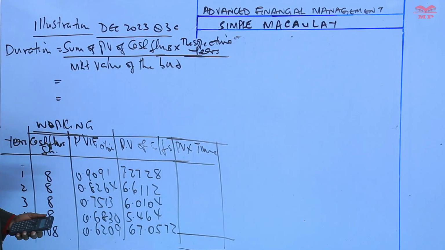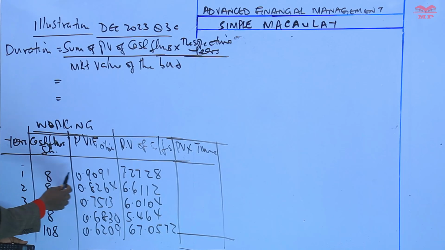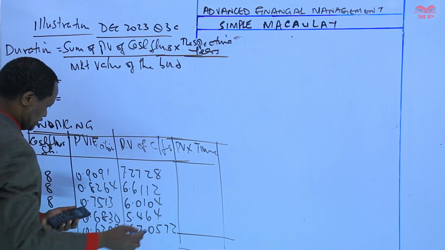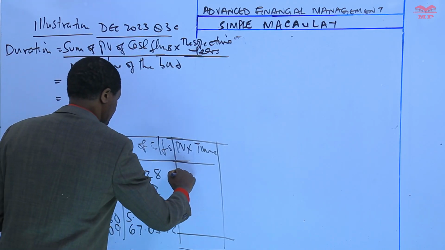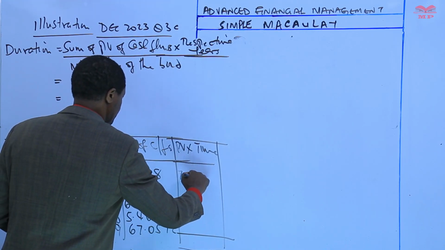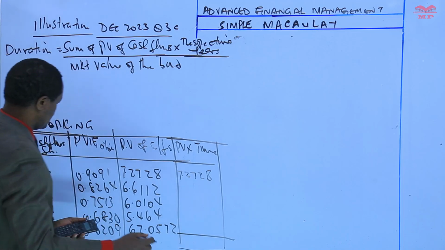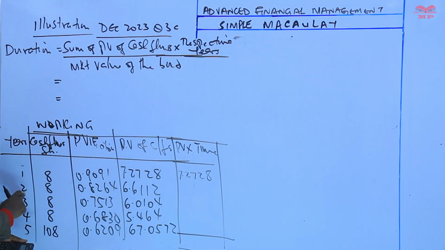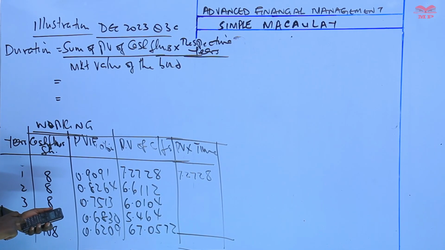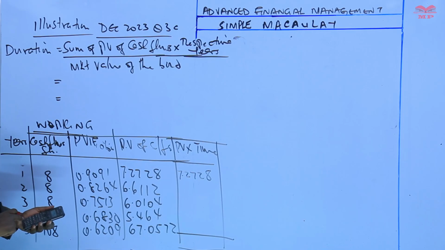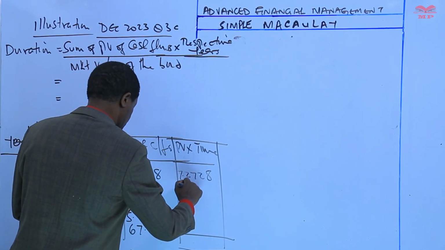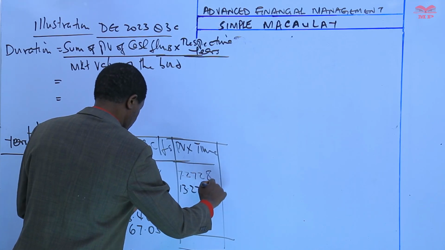So the first instance, we take 1 times the present value of cash flows of 7.2728, which is equal to 7.2728. Next will be 6.6112 times 2, which gives me 13.2224.